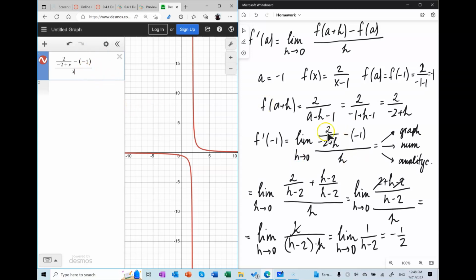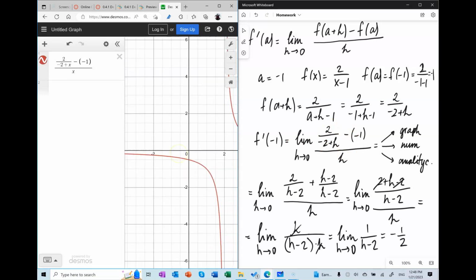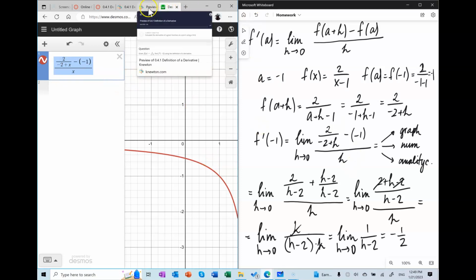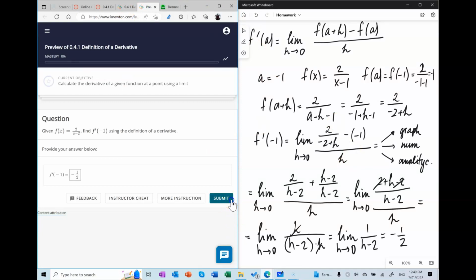Remember, we're looking for the limit of this as h goes to 0, but h is now represented by x. You can see that the limit here as h approaches 0 is equal to negative 0.5. So again, don't get mixed up. This is the function of h, and I just used x instead of h in Desmos. So one way or another, the answer is negative 1/2.